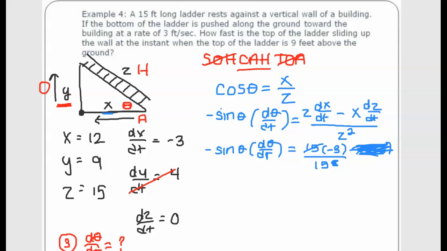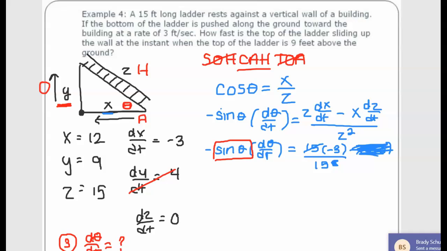All right. Here's the thing, guys. We actually know one more piece of information. Oh, I hit eraser. We actually know from SOHCAHTOA what the sine of theta is, because sine theta is opposite over hypotenuse.